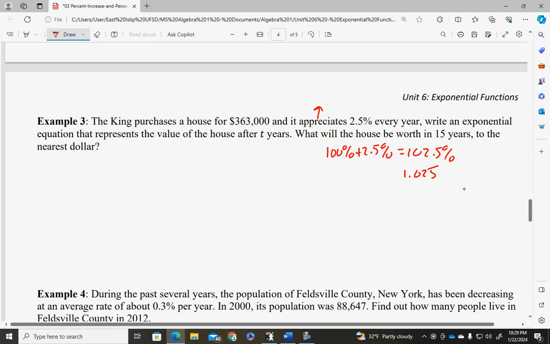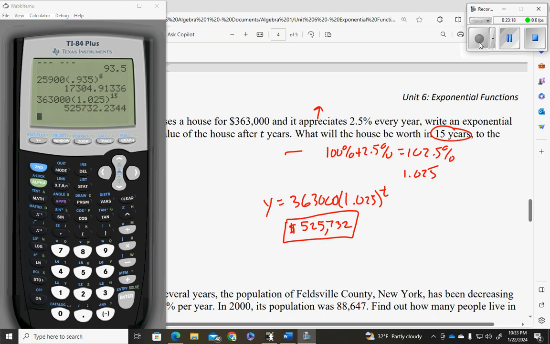I don't see it. So I'll call it y equals the initial cost times that base to the t power. And then we want to know what it's worth in 15 years, so we replace the t with a 15. And this is what I get for my answer for the worth of the house.